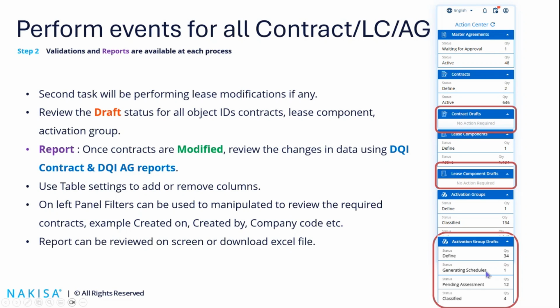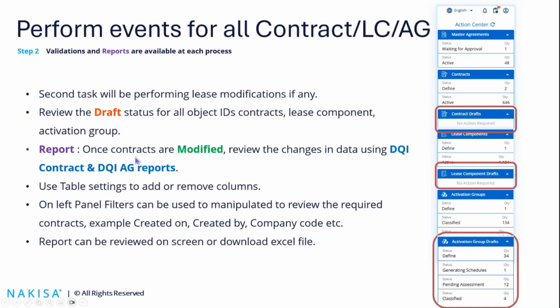So you can take the required steps to either delete the draft, or merge it with the active version. You can review all the draft statuses for the objects to make sure that if something needs to be activated or merged, it's done before the postings.